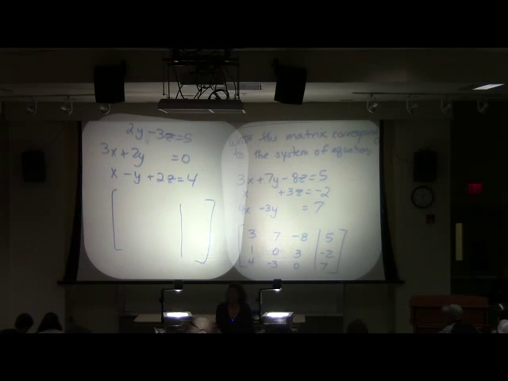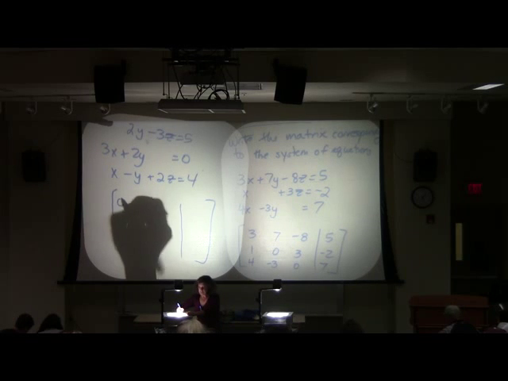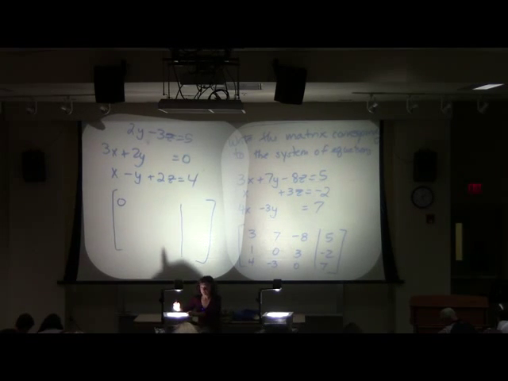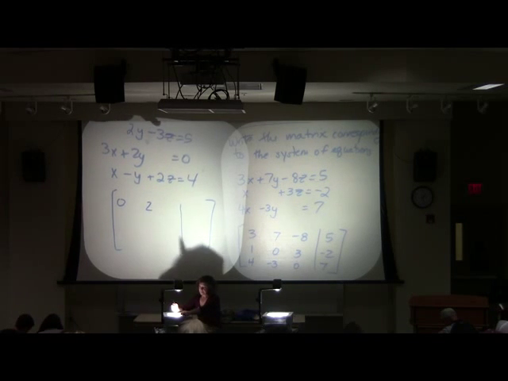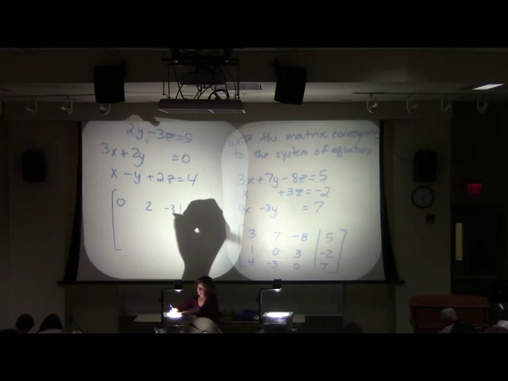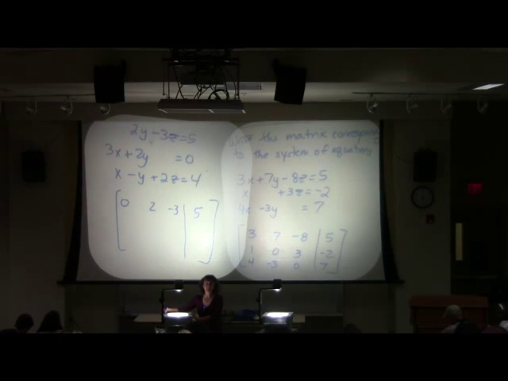Okay. Guys, ready? Can you tell me what my first row should look like? Good, 0, because there's no x there. Then what? 2, then negative 3, and that equals 5. Are there any questions how we got that?